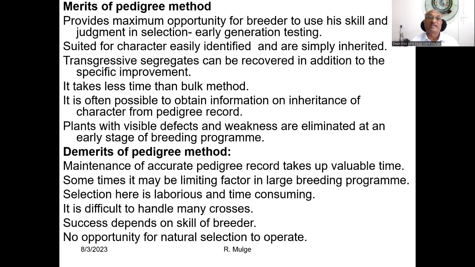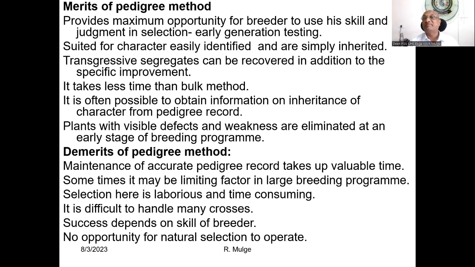That's advantageous. And what are the demerits of the pedigree method? Maintenance of accurate pedigree records takes up valuable time of the breeder. Sometimes it may be a limiting factor in large breeding programs. The breeder has so many other programs also, not only this program, so in that case it becomes a limiting factor. Selection here is laborious and time consuming, so it is difficult to handle many crosses with this cumbersome activity.